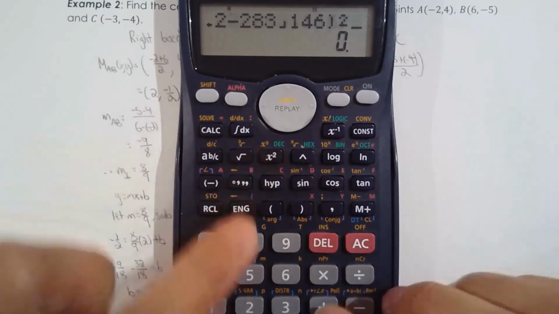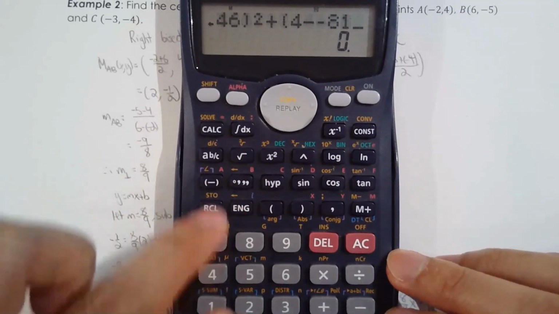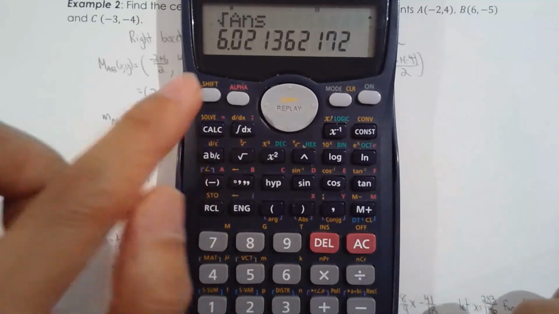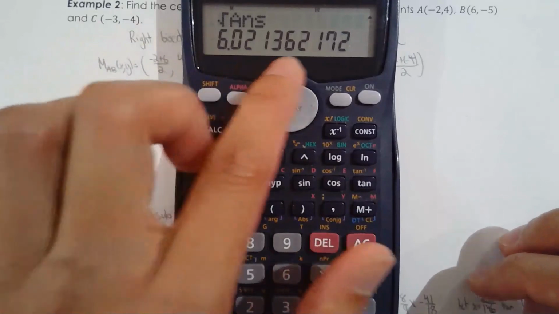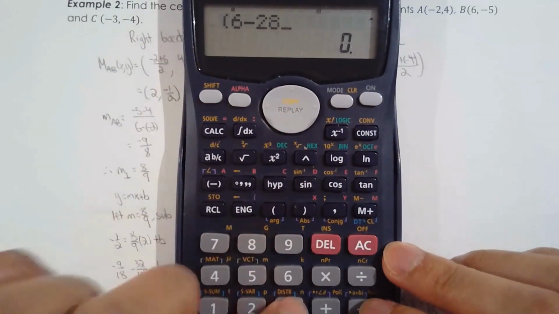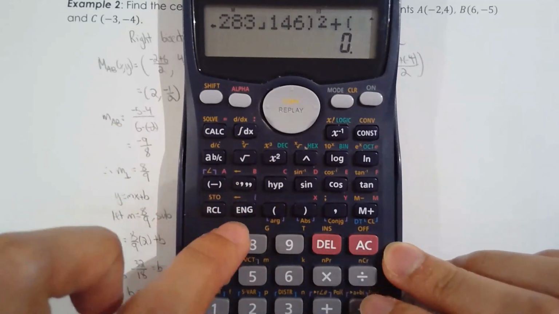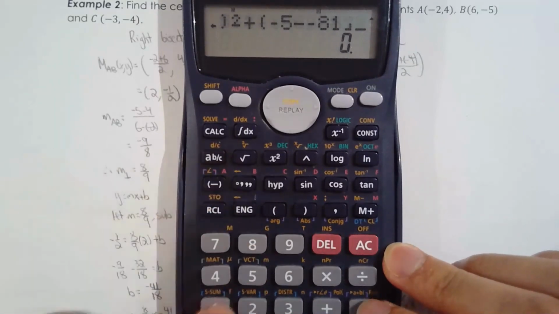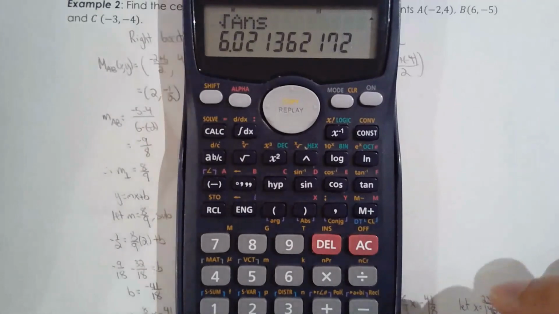Okay. Alright, 6.02. From the center of the circle to point A is 6.02. So let's say 6.02. Beautiful. You know what?